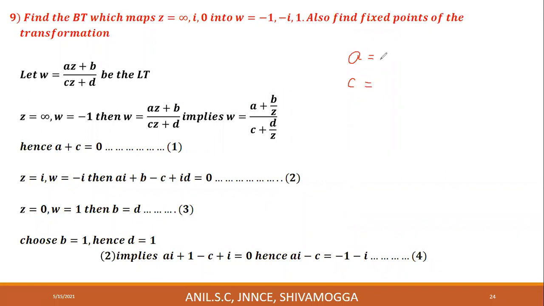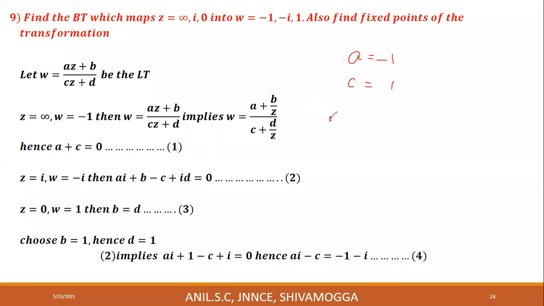What is the value of a? -1. A is equal to minus 1, that's right. And what about c? 1. Yes, a is equal to minus 1 and c is equal to 1.